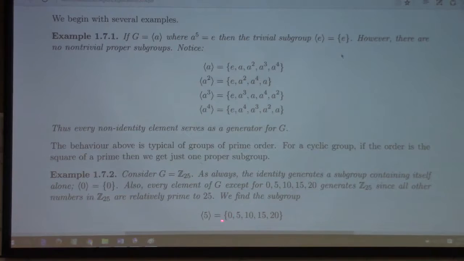Now, this subgroup is generated how? Additively. So instead of looking at powers, we look at multiples: repeated additions rather than repeated multiplications. So the subgroup generated by 5 is 0, 5, 10, 15, 20. Before I zoom down here, what else will generate this besides 5?